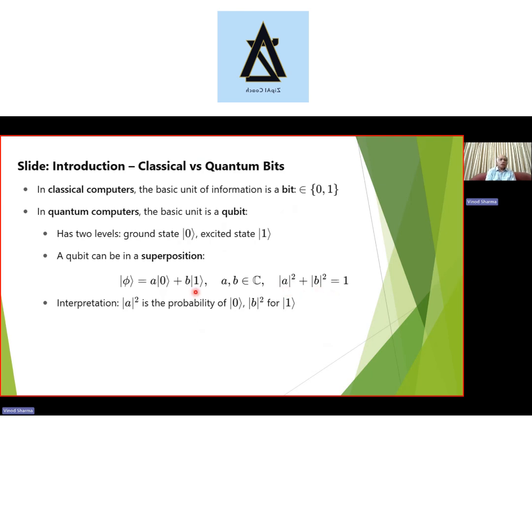The interpretation of the qubit being in this state is that it is a superposition of states 0 and 1, and it is in state 0 with probability mod A squared and in state 1 with probability mod B squared. This shows the difference between a qubit and a bit. A bit can take only one of these two values. A qubit can take any value here. This is an uncountable number of values that a single qubit can take.